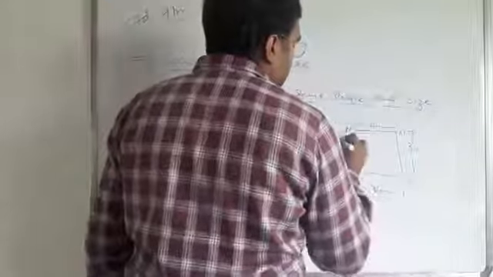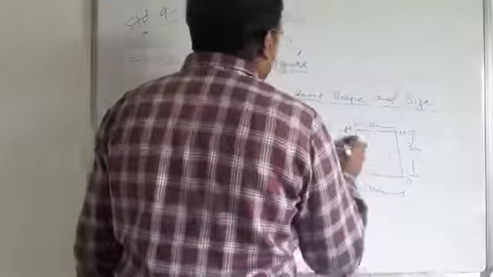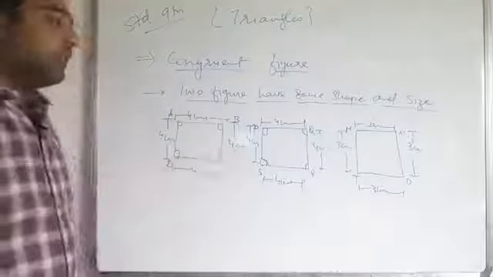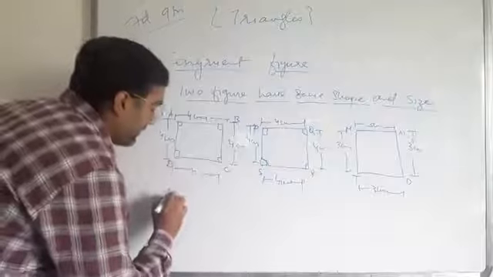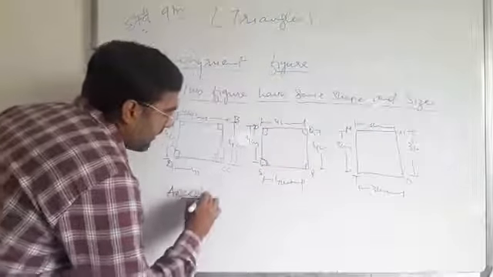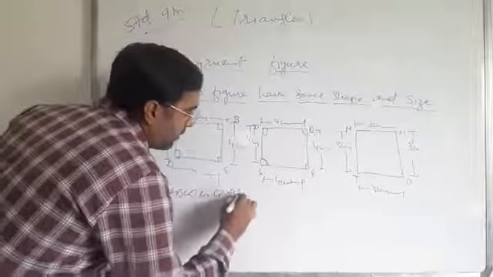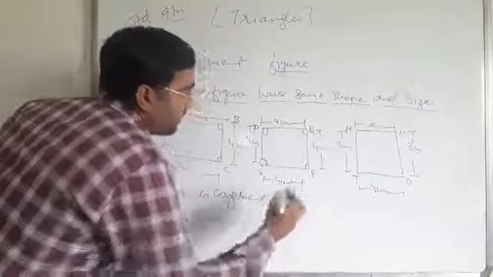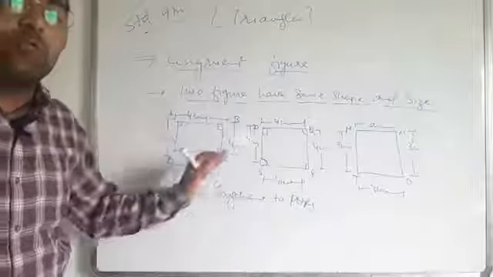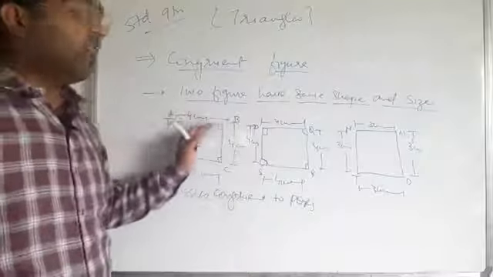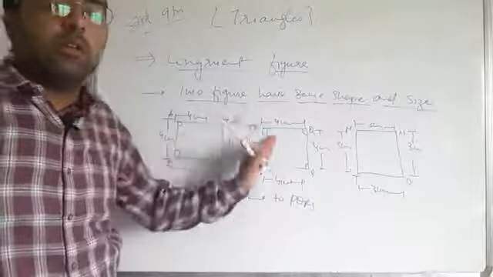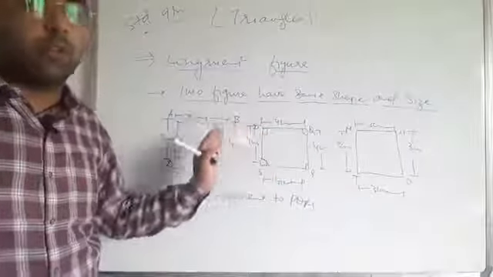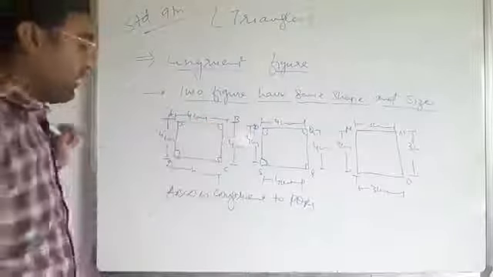Now these three figures are given. My ABCD is congruent to PQRS because all the sides of ABCD are equal to all the sides of PQRS; in both, all the sides are equal in measurement.